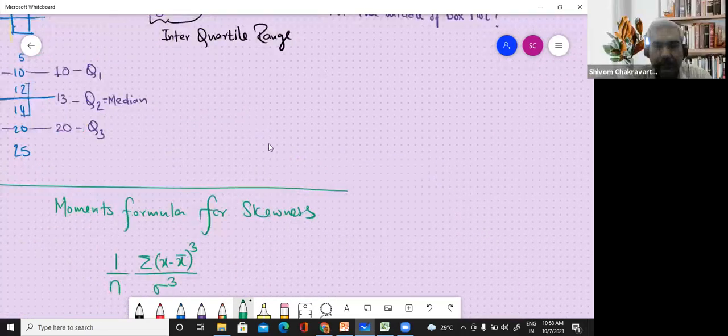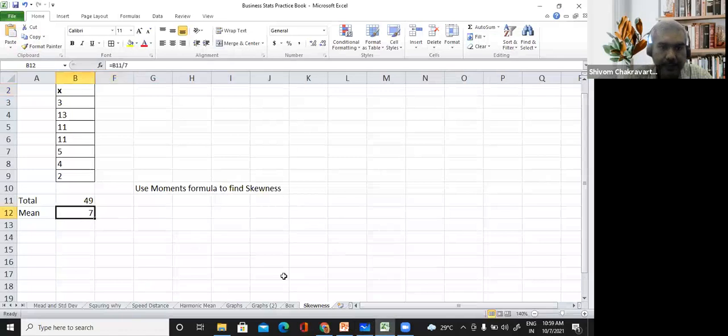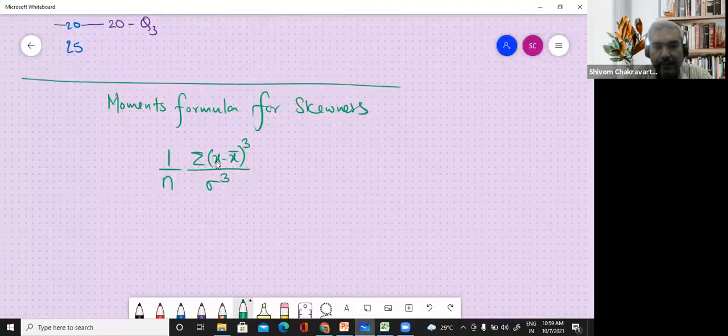To use this formula, what all do we require? We need, of course, x bar, which is this mean. Then we need to calculate the summation of all xi minus x bar.